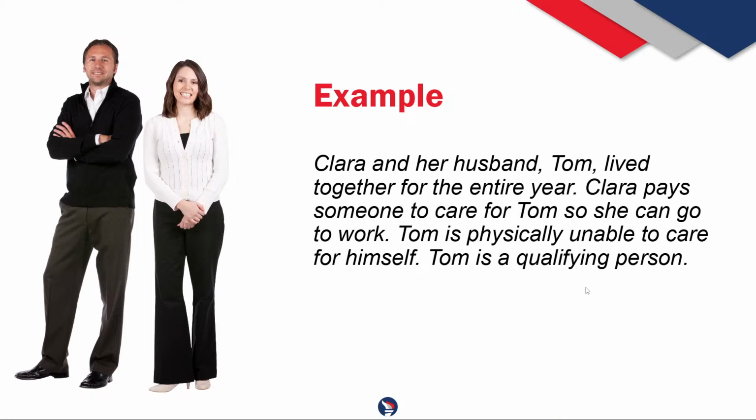But there's another way to look at this, and look at this two different ways, because the person coming in to care for Tom in this physically unable status might be a nurse. So therefore, this also could be eligible for medical deduction on Schedule A. Now I have to choose one or the other.